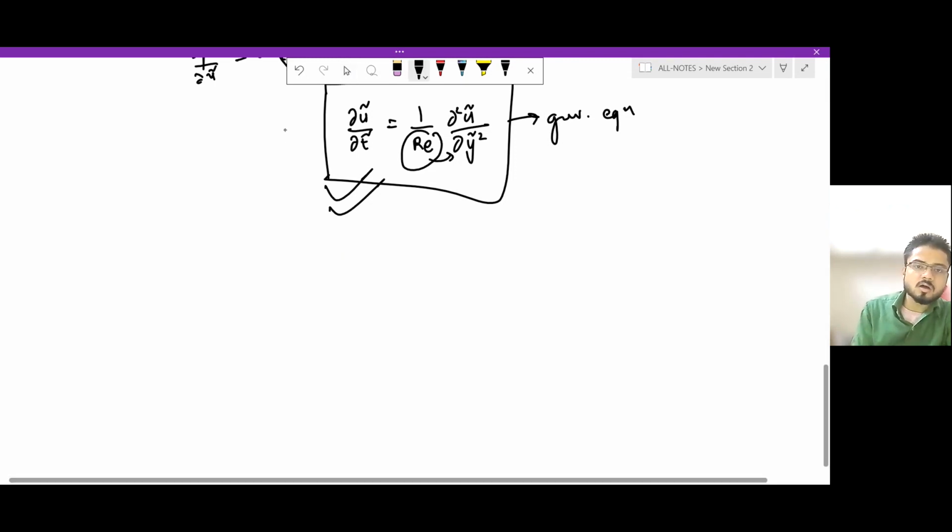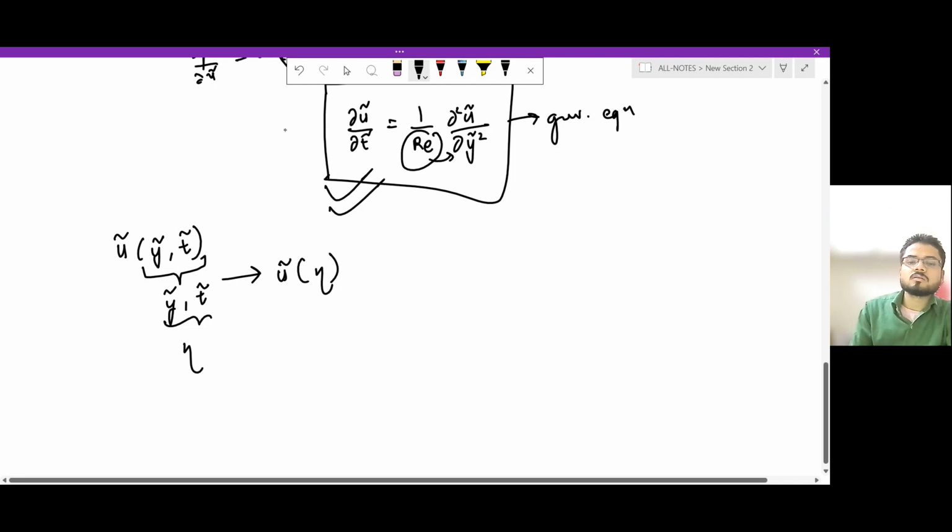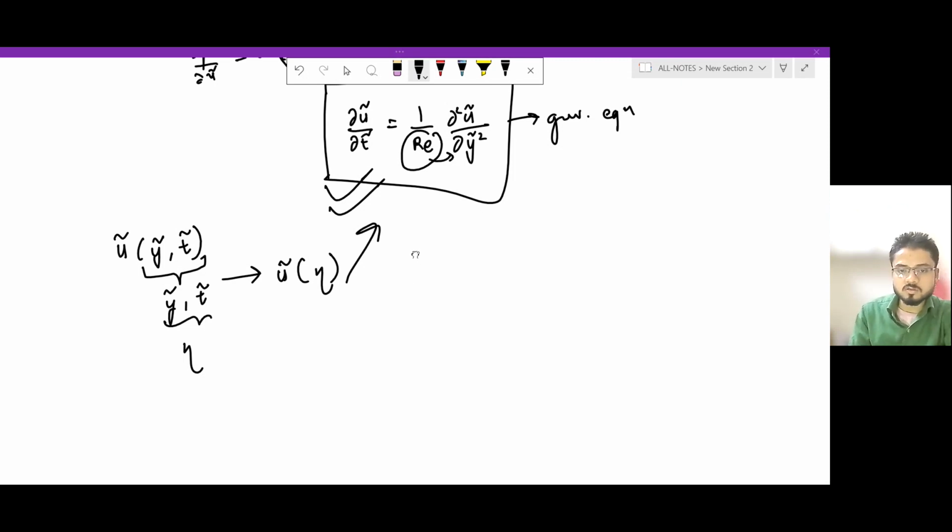What is the challenge here? You need to understand that u vector is a function of y tilde and t tilde. So if we are able to have an expression among y tilde and t tilde that makes this u vector an entire function of something, eta, a combination, then that would help convert this entire equation into an ordinary differential equation, which can further be solved using some convenient techniques.